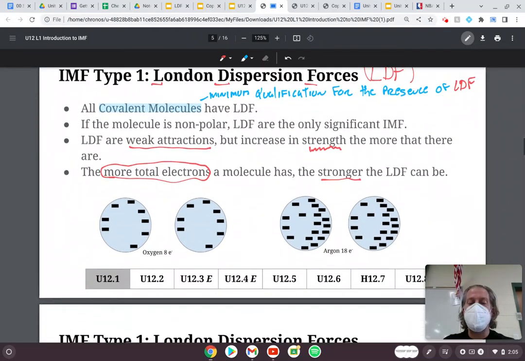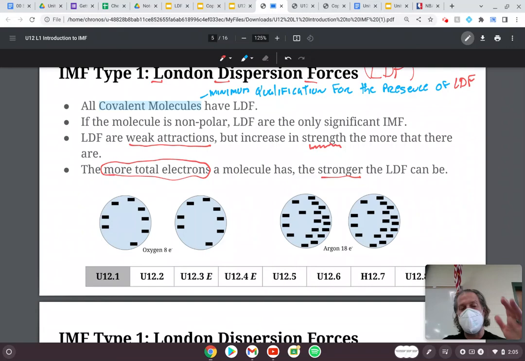So what I'm getting at here is that down below, I have two spheres, 2 circles, right? The one on the left is supposed to represent oxygen, and each of those bars or lines are electrons. So there's 8 bars or lines in the oxygen on the left and 8 bars or lines on the oxygen on the right.